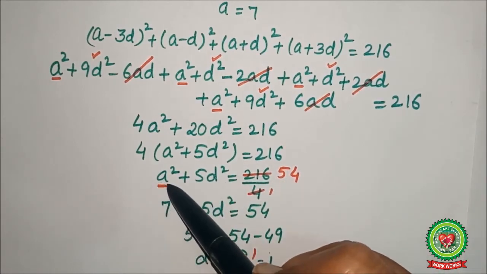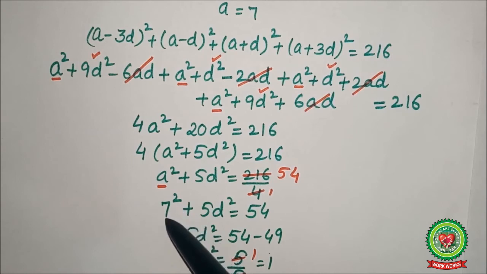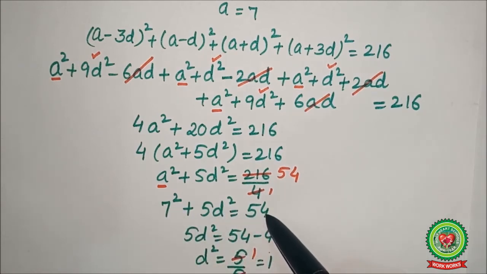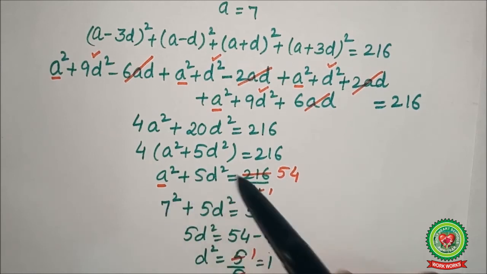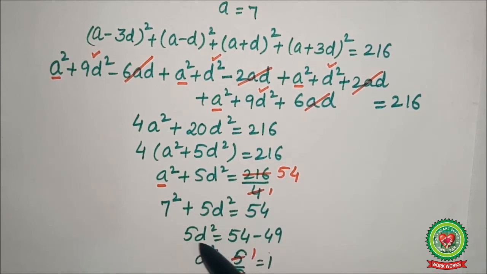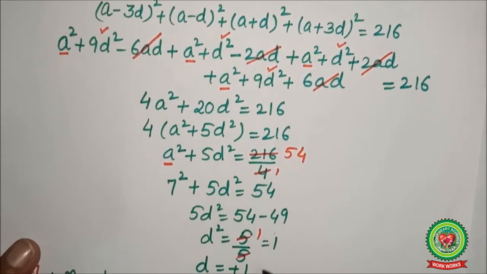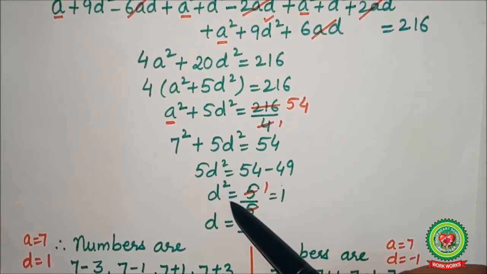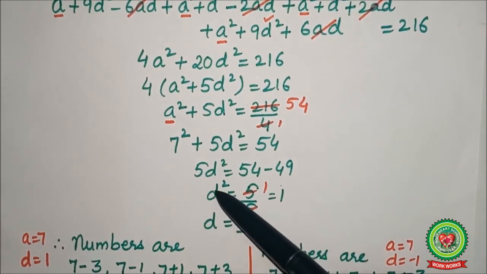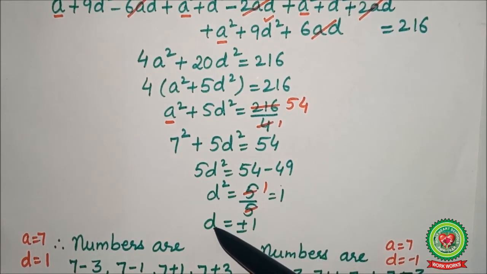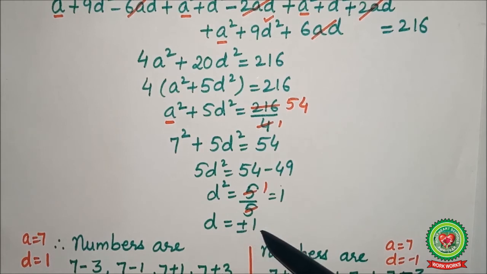Now put the value of a here. 7 square plus 5d square is equal to 54. 7 square is 49. On shifting, we get 5d square is equal to 54 minus 49, that is equal to 5. So on shifting 5, we get d square is equal to 1. So d is plus minus 1.